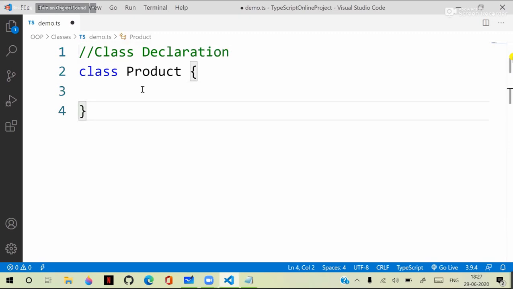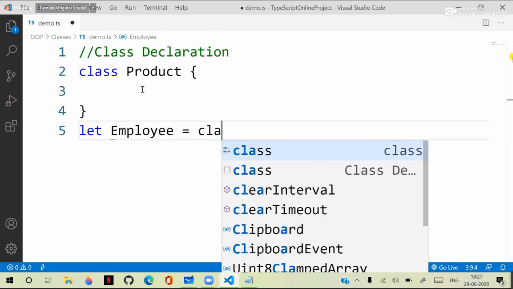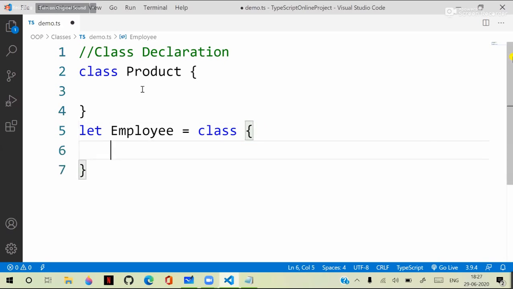A class expression is, let some category, or simply like employee, employee is equal to class. This is a class expression. In this class expression, we don't have a name for the class.